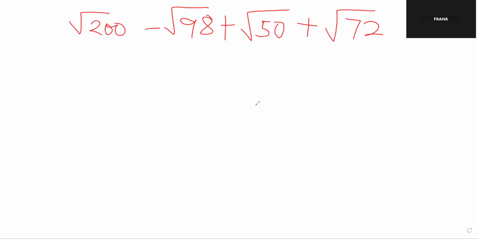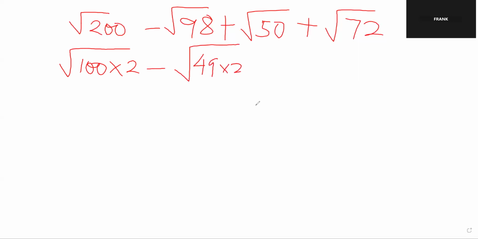So always use the highest. So root 100 times 2. For 98, you see it's 49 times 2. 50 is 25 times 2. 72 is 36 times 2.